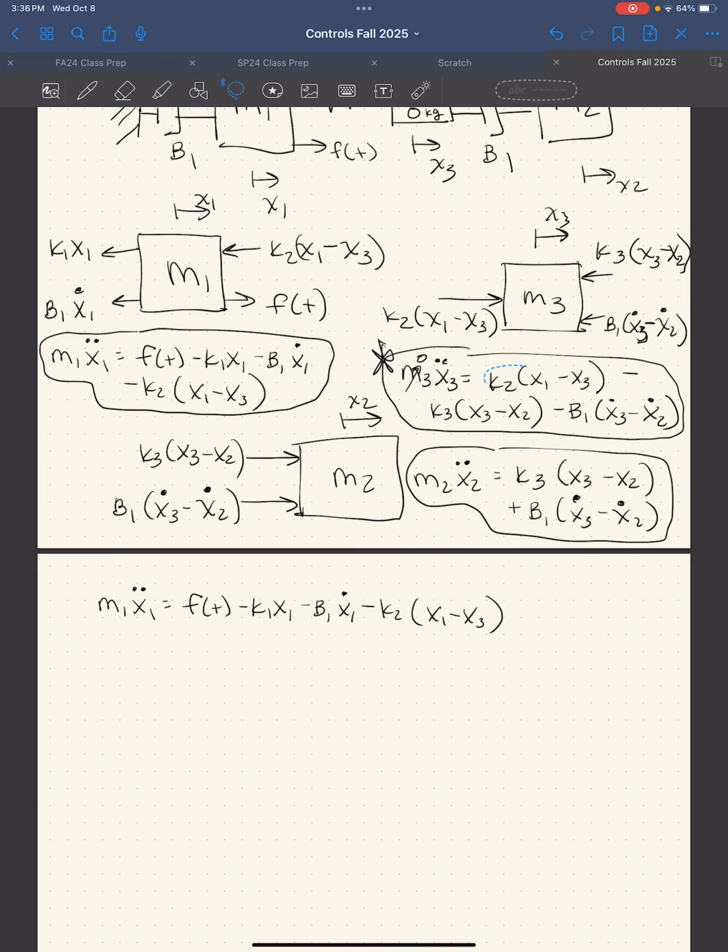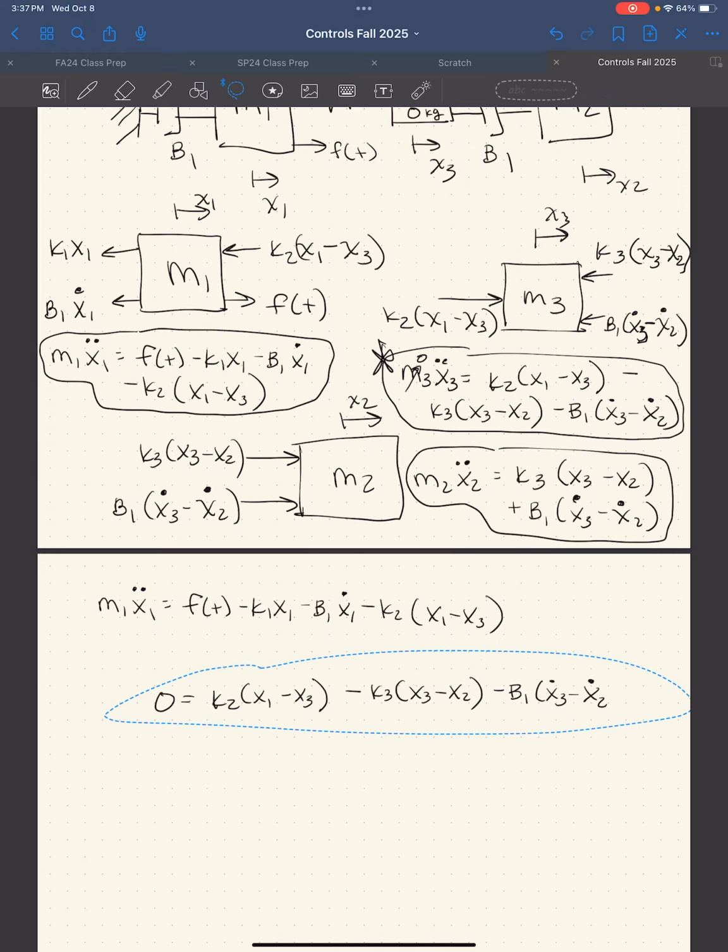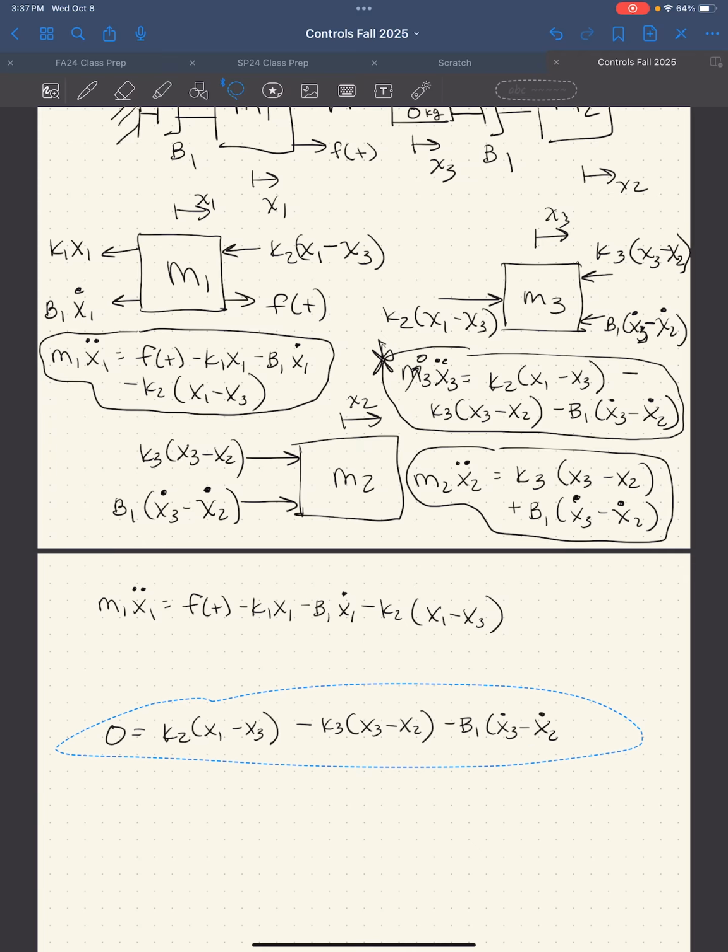Let's grab this equation. And let's grab the last one.